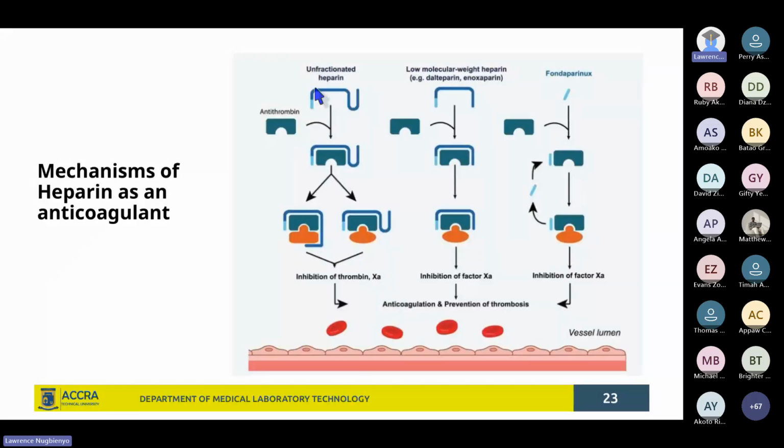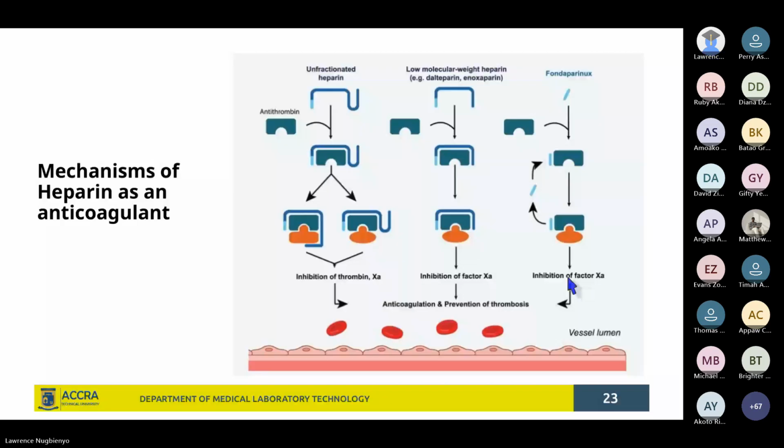These structures up here are just referring to the different forms of heparin, which is an anticoagulant. It binds onto antithrombin to activate it. And that activated form of the antithrombin binds onto the factor XA. And you saw the factor XA involved in the conversion of prothrombin to thrombin, which went down that pathway into the formation of the fibrin.